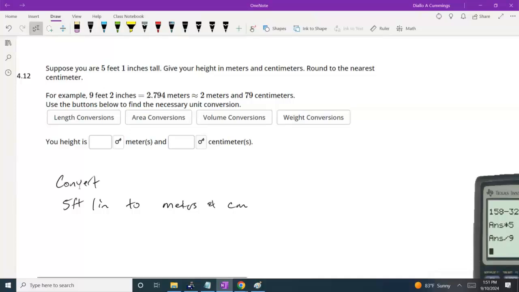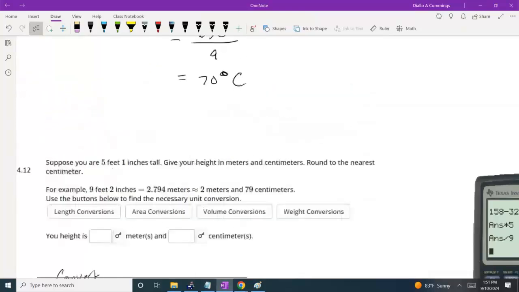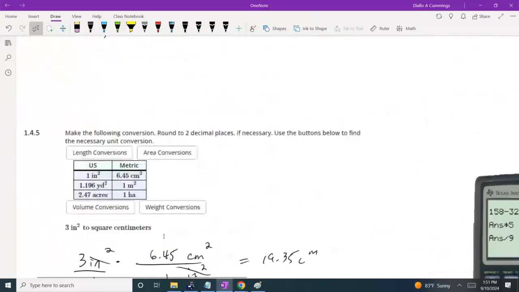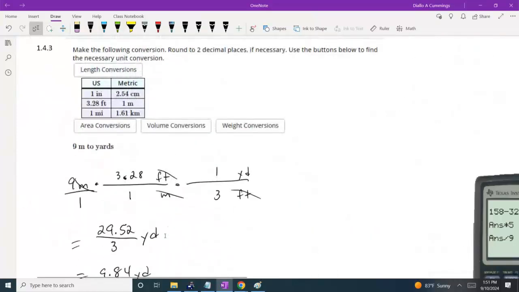All right, so if I look at the conversion chart, gotta go back up, meters. So this is length.